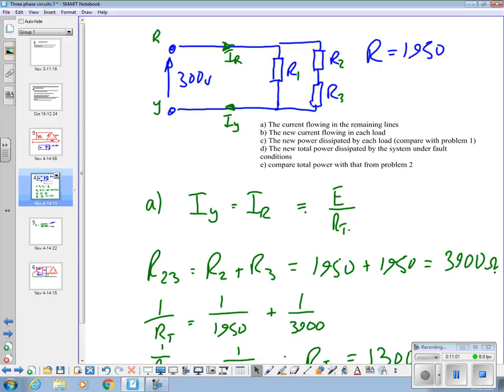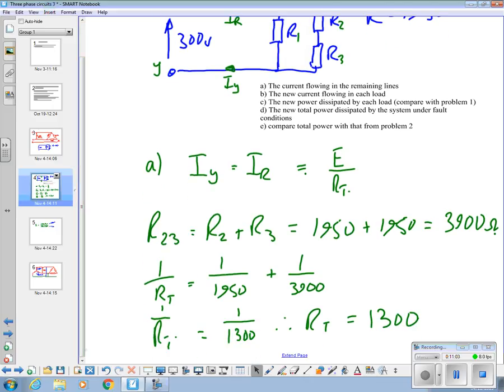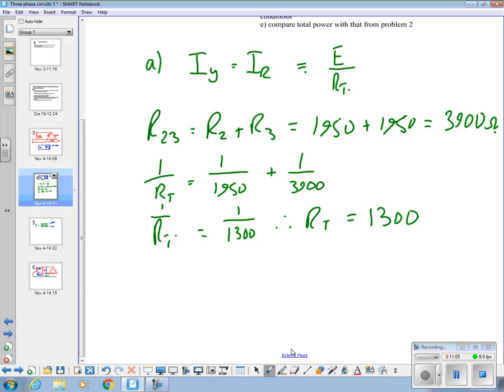So going back to here, that means that I, the line current, is E over RT, that's 300 over the 1300, and you should have got, I think, 231 milliamps.